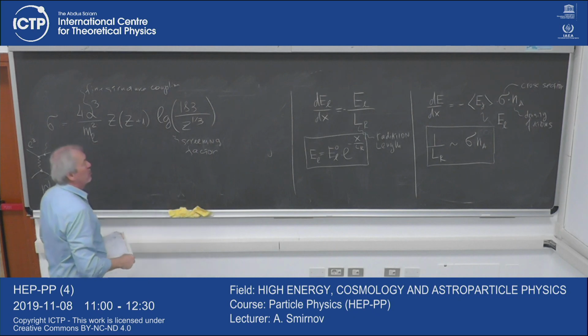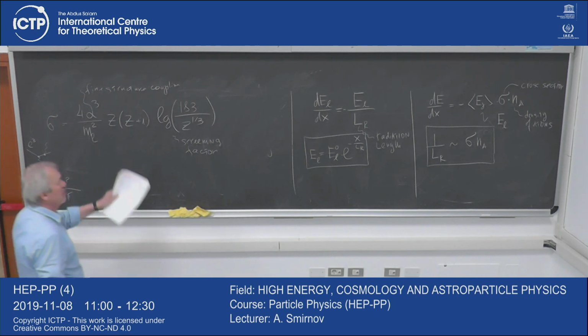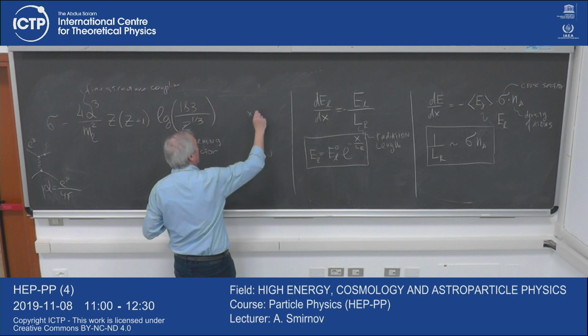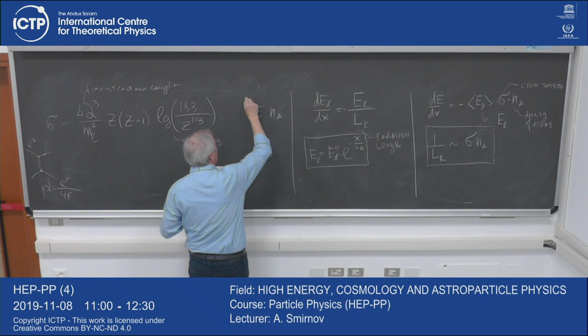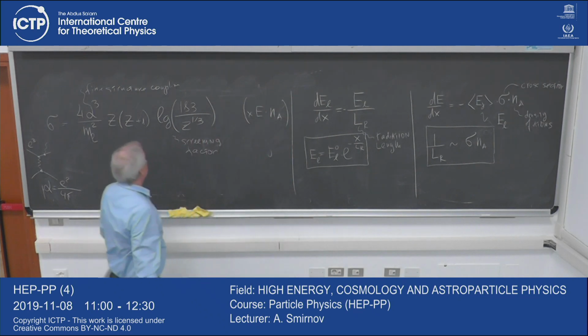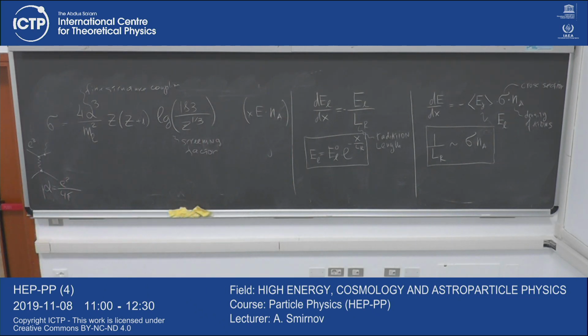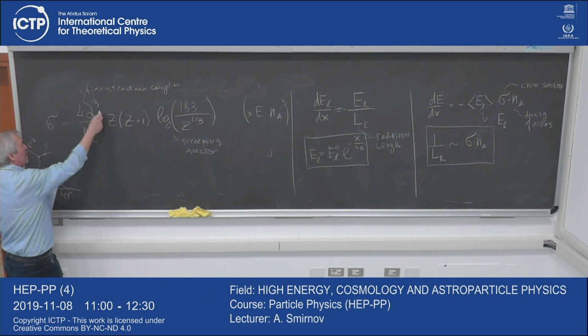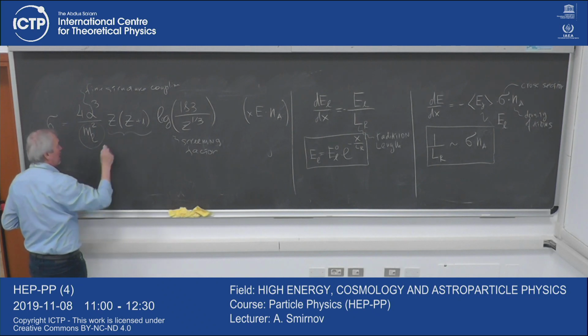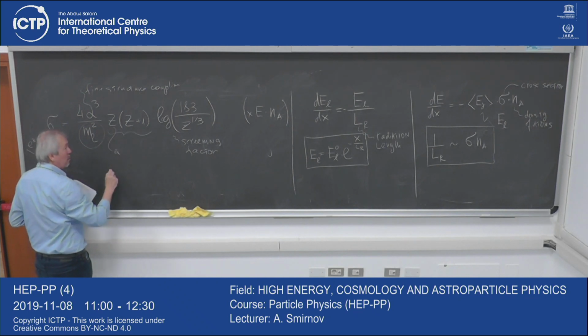So if you want to compute dE over dx, you need to multiply this by the energy and the number density of atoms, according to what is written there. So the most important parameters and factors are here, there's this one, and this one. So this is the electric charge of the nuclei.